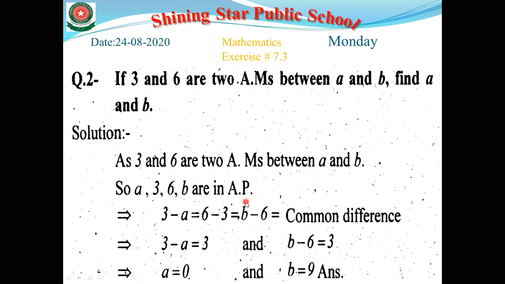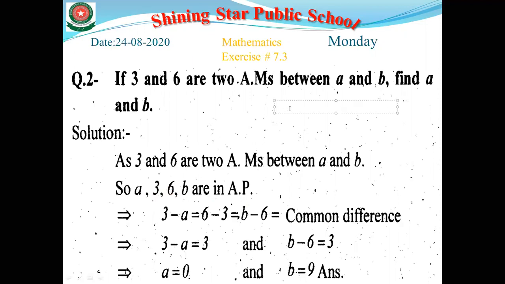AP means arithmetic progression. Now we know that in AP we have d. d means common difference. And how do we find the common difference? If we subtract a from 3, it will give you the same answer as if we subtract 3 from 6. Okay? Let's revise the previous exercise.